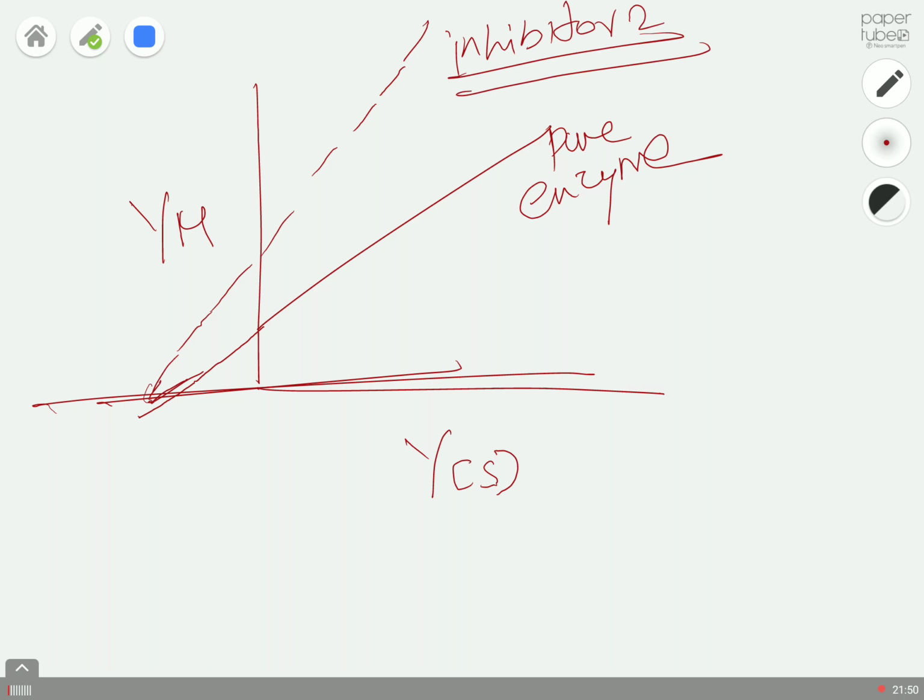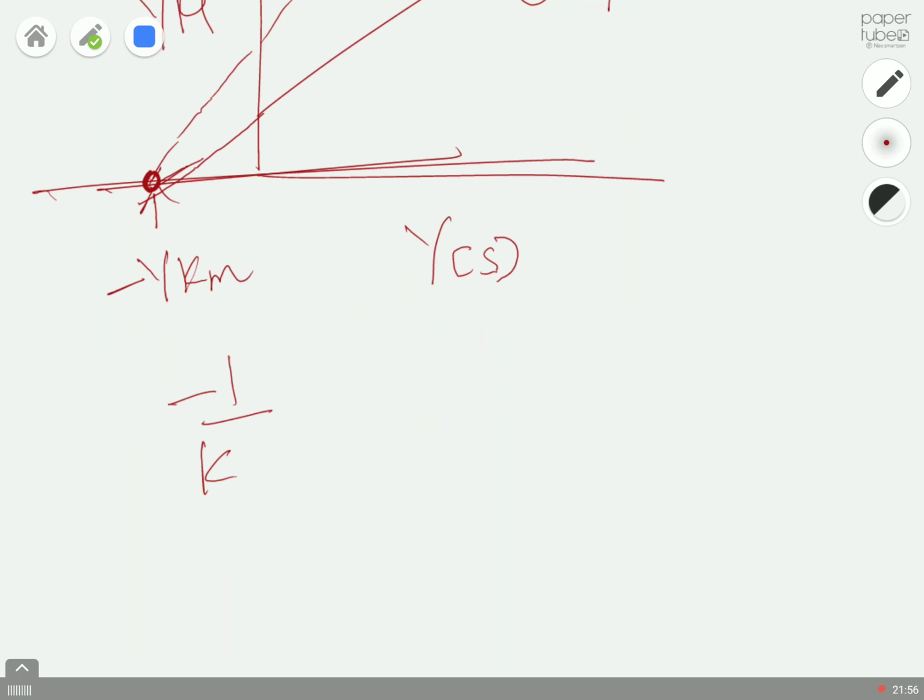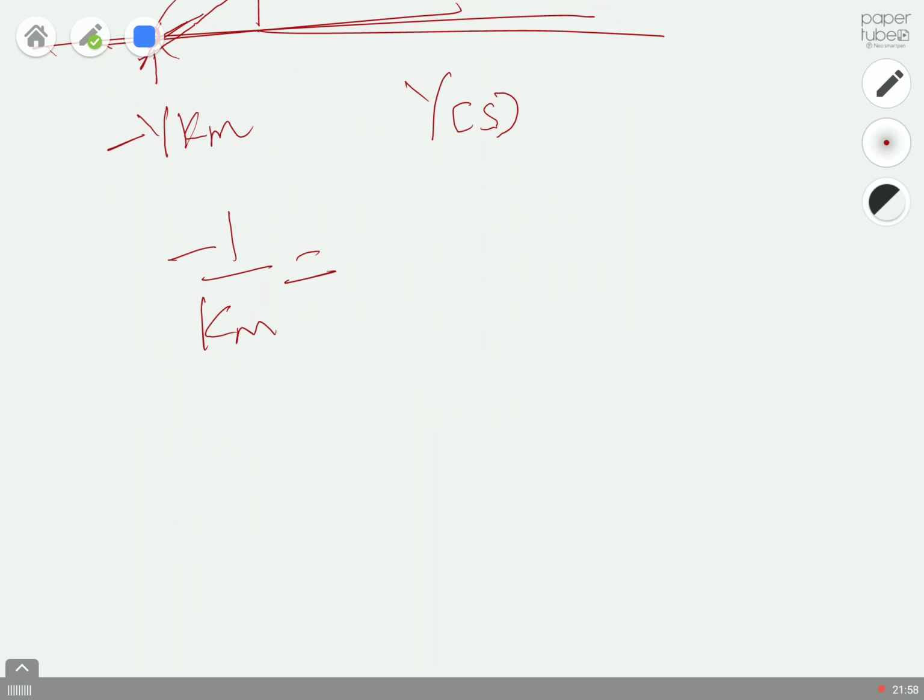Inhibitor 2 will hit at the same common point, which means minus this is equal to 1 by km. So minus 1 by km will be equal to, what will be that value approximately? It hits at approximately minus 0.31 something, around 0.31 or 0.32.